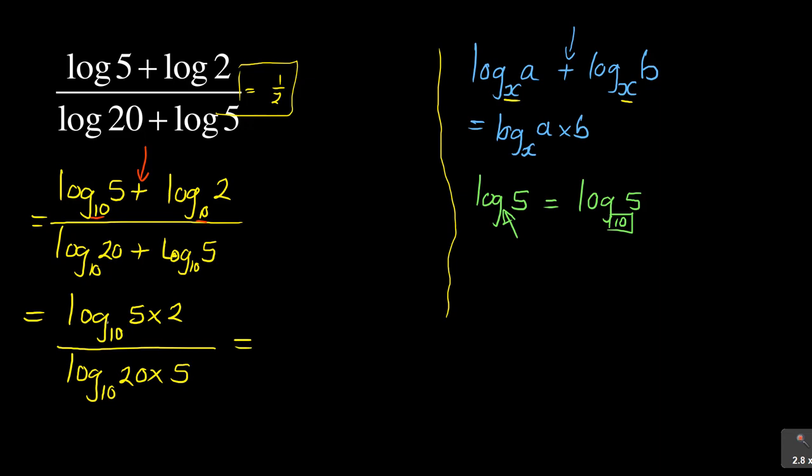If I simplify that, 5 times 2 is log base 10 of 10, over log base 10 of 100. So this is how it goes.